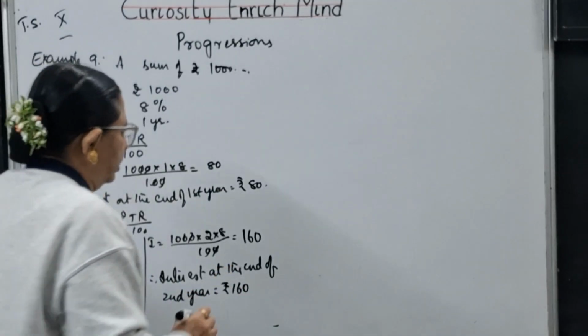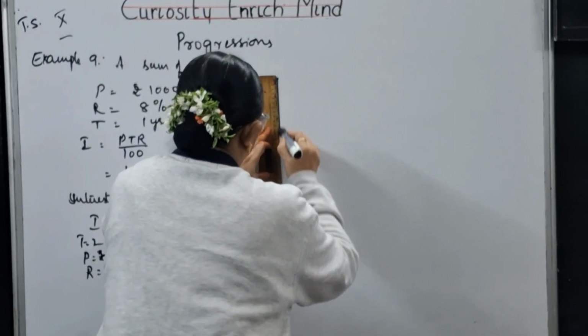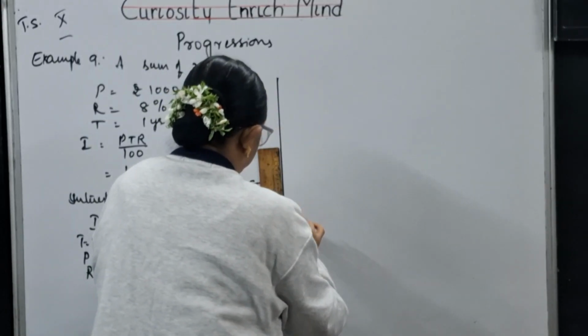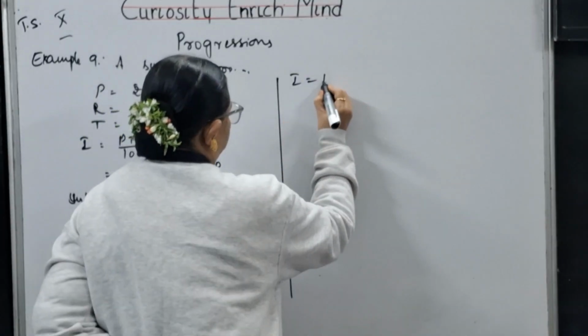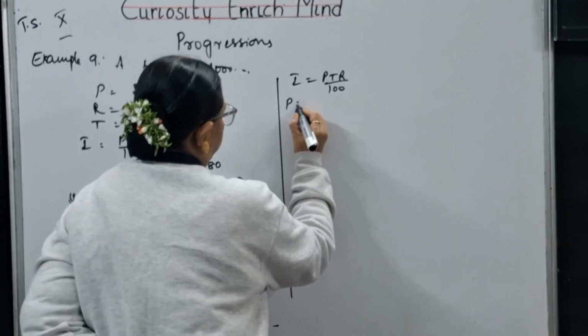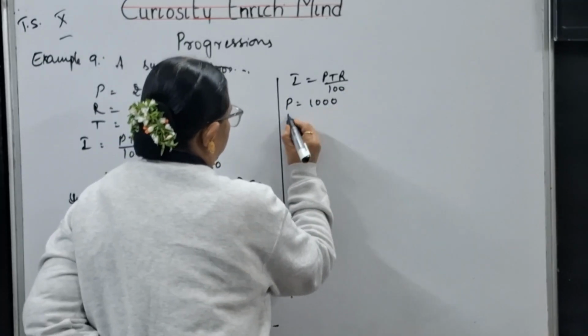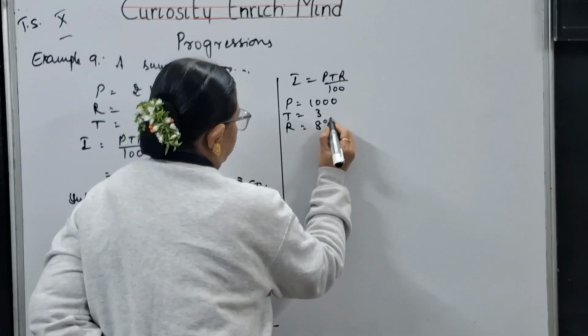Now, at least we need three values, children, to find out whether a common difference exists. So let me go for the end of third year. So I is equal to PTR by 100. Here again P is 1000 only, time is third year, 3, rate is 8%.